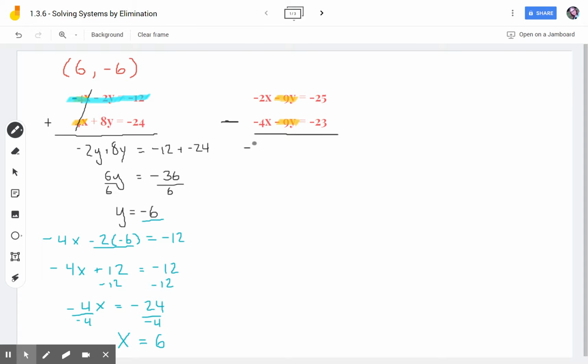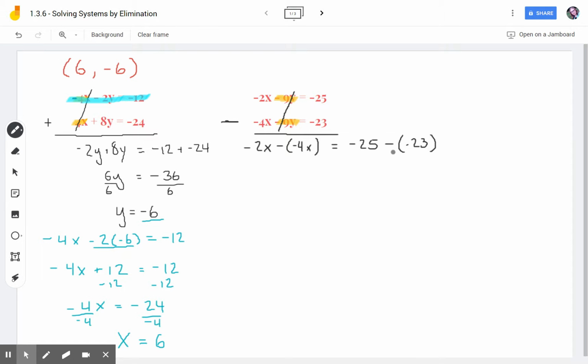So we'll have negative 2x subtract negative 4x, negative 9y minus negative 9y, that will cancel out and become 0. And then on the right-hand side of the equation, we'll have negative 25 minus negative 23.